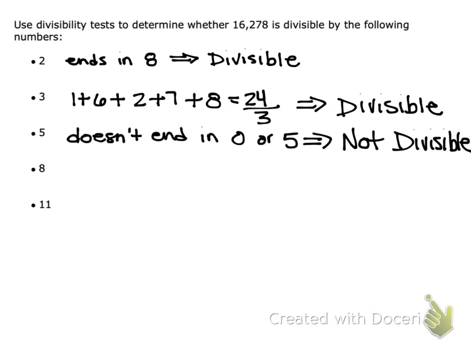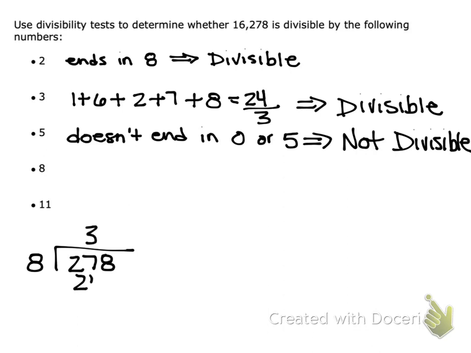Okay, so here's our 8 rule, right? The 8 rule says look at the last 3 digits, 278. Now, I don't know about you, but I wouldn't look at 278 and just know if it could be divided by 8 or not. So I'm going to do that work. So 8 goes into 27 how many times? 3 times.